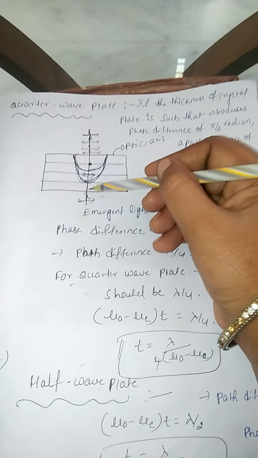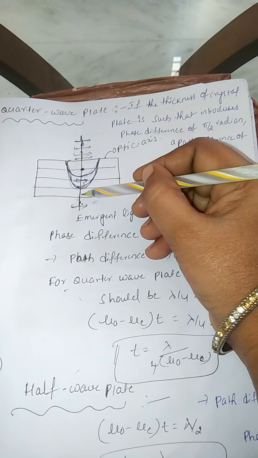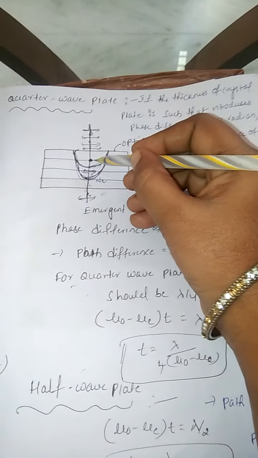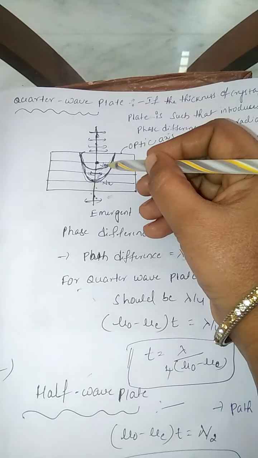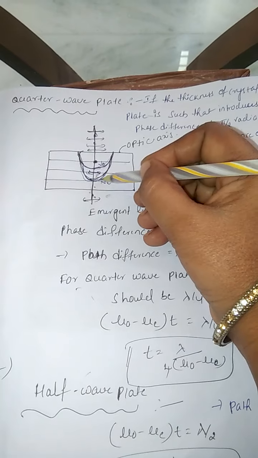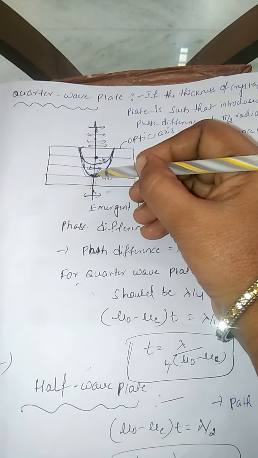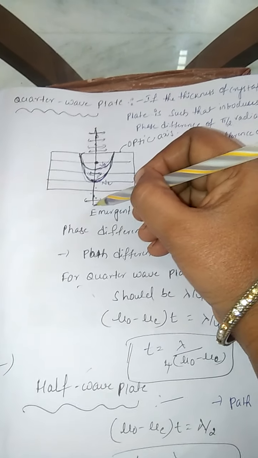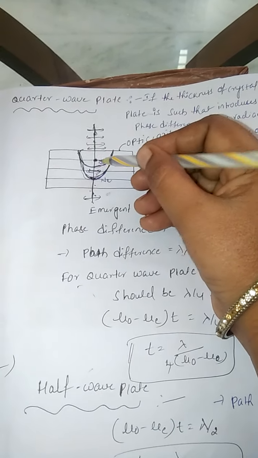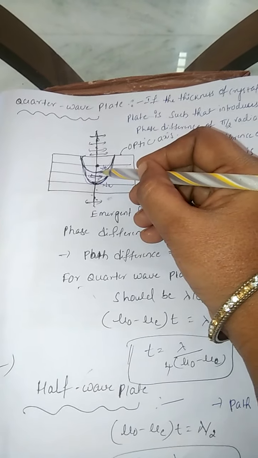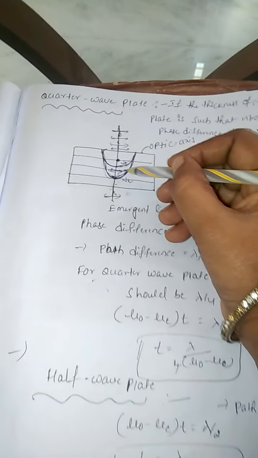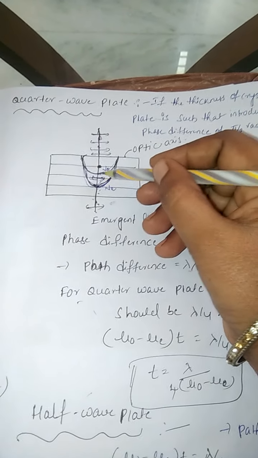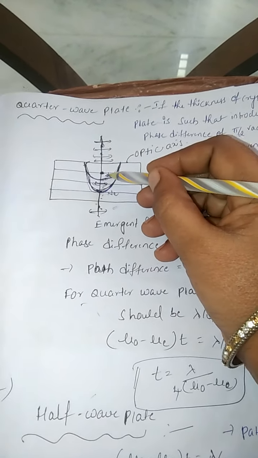From this diagram we know, as we already discussed, that the velocity of the extraordinary ray is always greater than the velocity of the ordinary ray. That means the extraordinary wavefronts emerge from the crystal faster than the ordinary waves. So there is a path difference between the ordinary ray and the extraordinary ray.